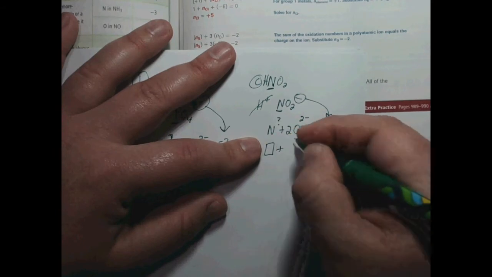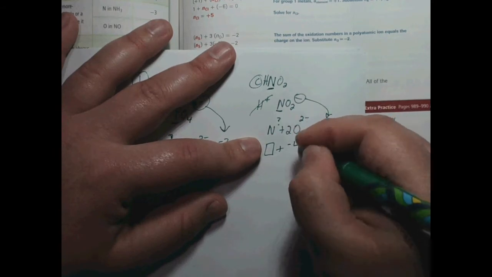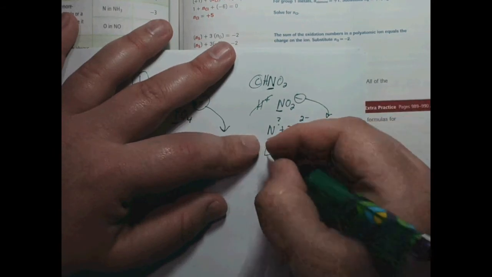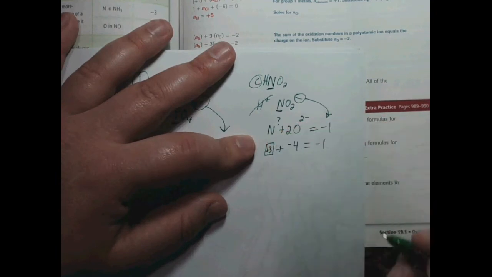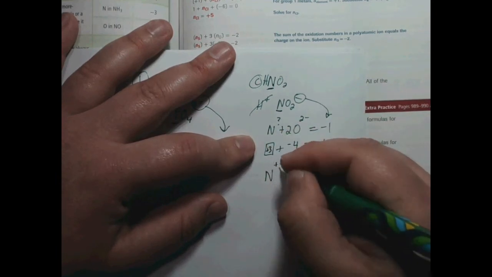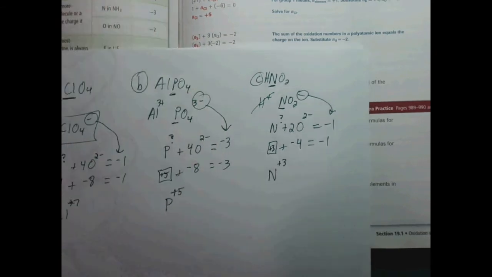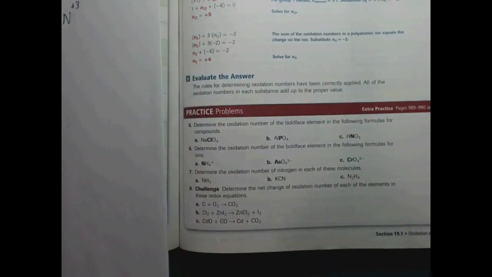So what plus 2 times -2, which is -4, equals -1? That's right, +3. So nitrogen has a +3 charge, or oxidation number, excuse me.